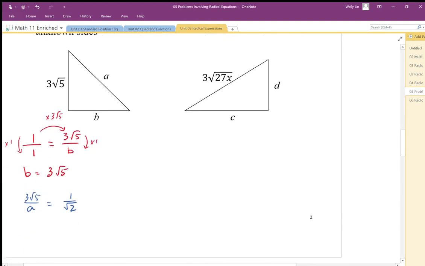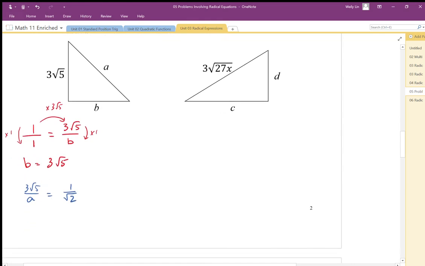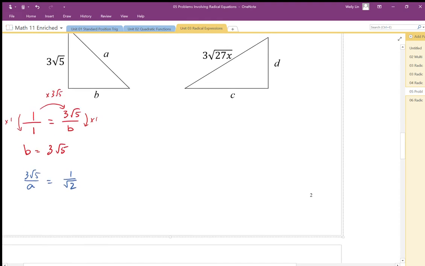Again, the direction is important. Here we can solve for a. You can use any method to solve for a. You can cross multiply. You can use a multiplier. I'm going to use this multiplier times by root 2. So I get a is equal to 3 root 5 times root 2, or 3 root 10. So that's one way to do it.